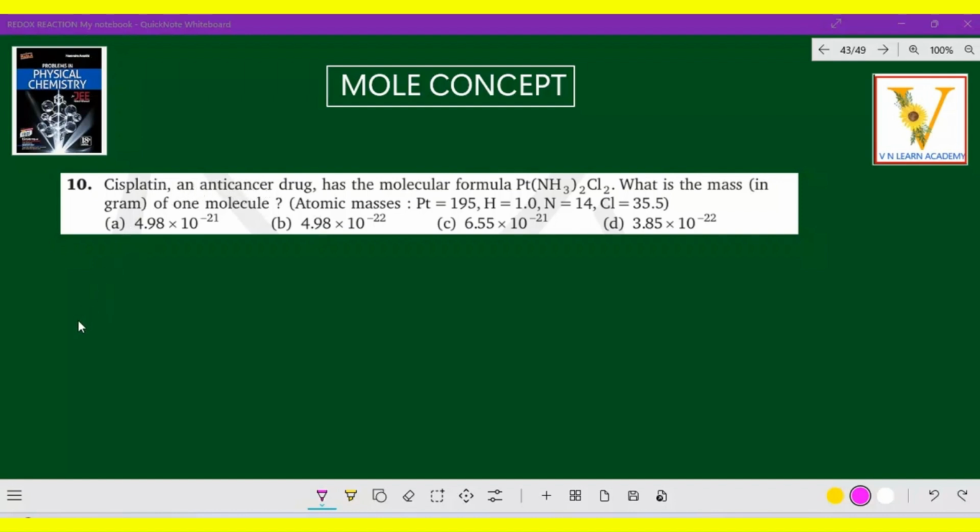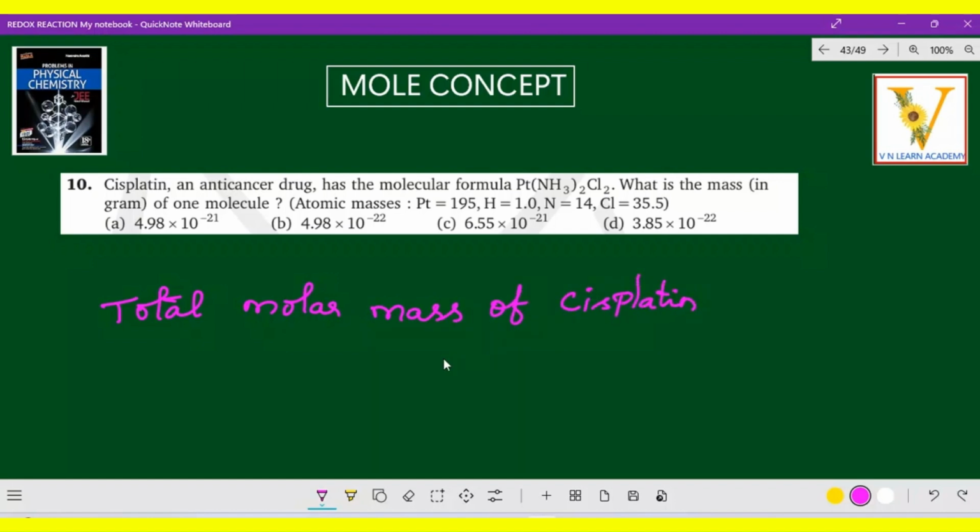Okay, total molar mass of cisplatin. Pt is platinum, (NH3)2Cl2. They have given everything, the atomic masses 195, 1, 14 and 35.5.